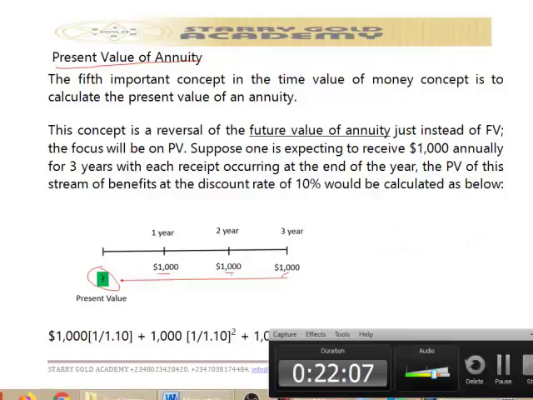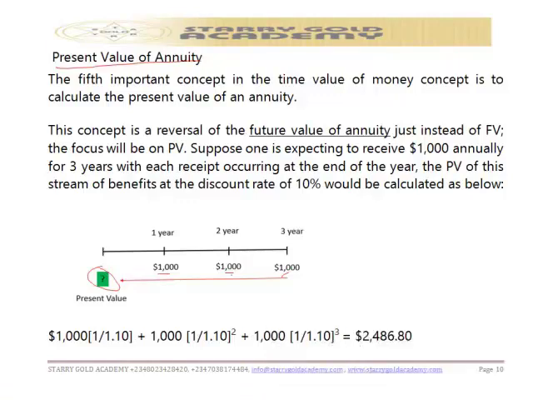Let's try to get it in better perspective. If it is future annuity, you want to calculate the present annuity: how much do we need to have now, which is A, or you can call it present value.